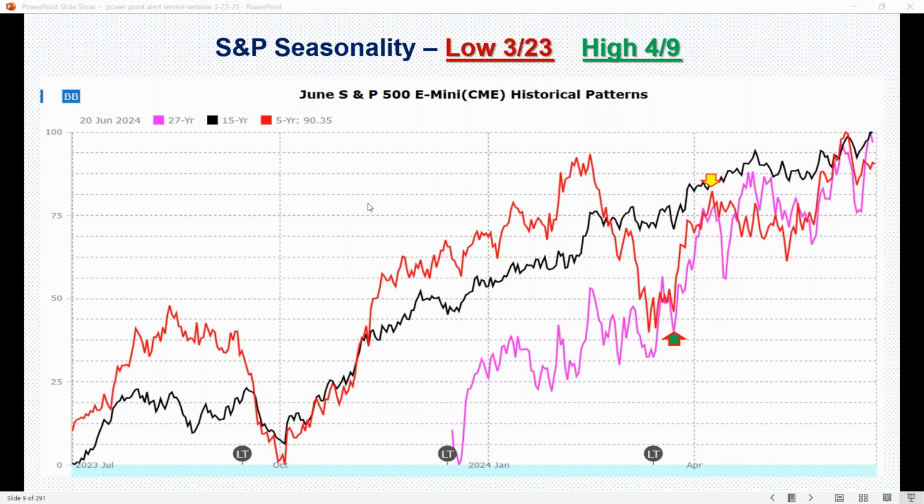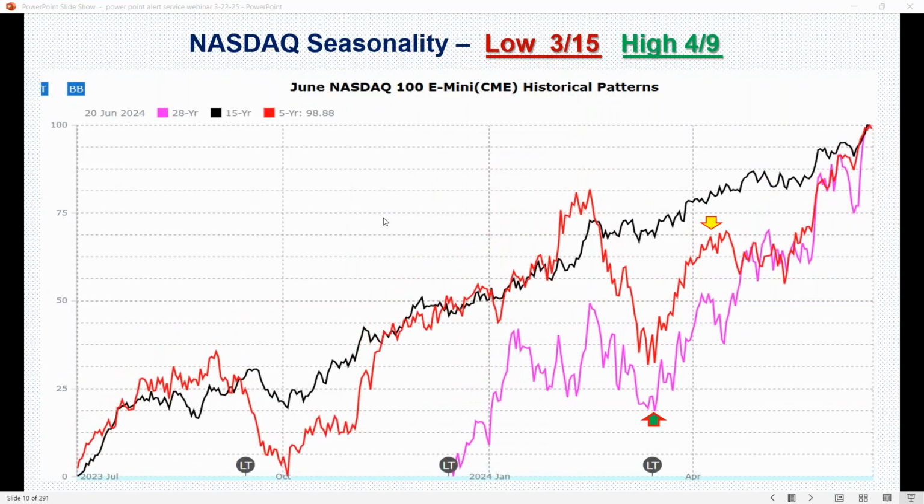And then we look at the NASDAQ, which has been the big momentum part of the markets for a couple of years. And we can see it too has this very strong seasonal trend that starts right around the 15th of March. Okay, so right in here. And this one tends to be even a stronger trend than the S&P with the large cap tech stocks, et cetera.